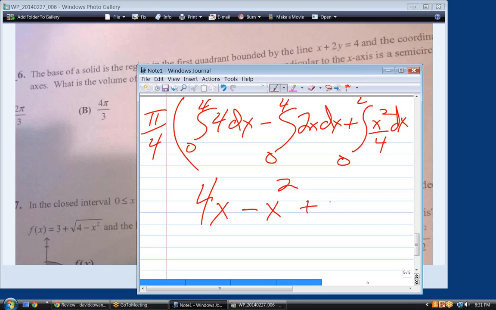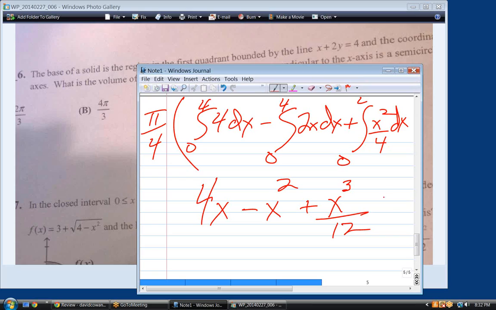It'd be 3/4 x cubed. Remember, add 1 to the exponent and divide by the new exponent. So I have to divide this by 3, which means I'm dividing by 12. In other words, I add 1 and divide by 3 times 4. It's already being divided by 4.